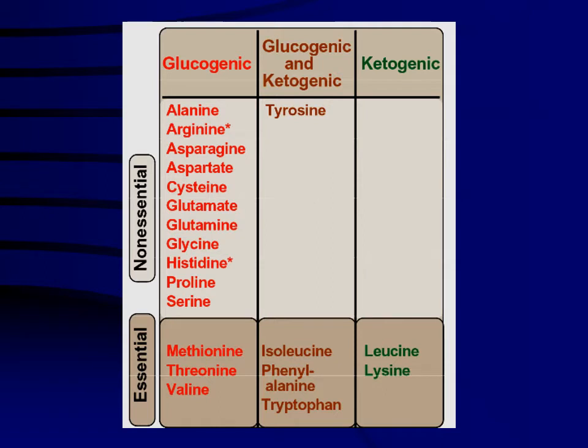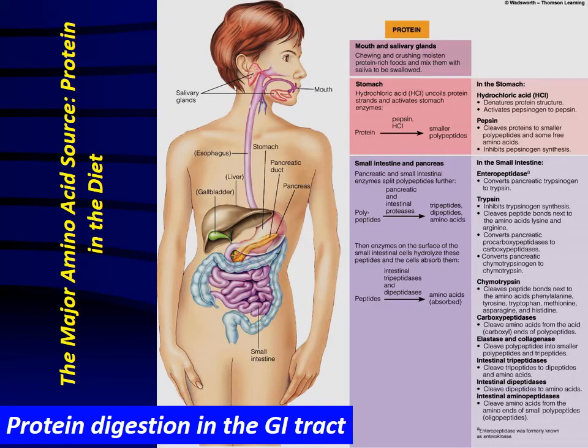Tyrosine is a non-essential amino acid. It can be glucogenic and ketogenic. The essential amino acids isoleucine, phenylalanine, and tryptophan are glucogenic and ketogenic. Leucine and lysine, these two amino acids are essential amino acids. They are only ketogenic.